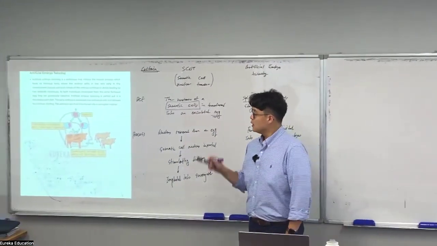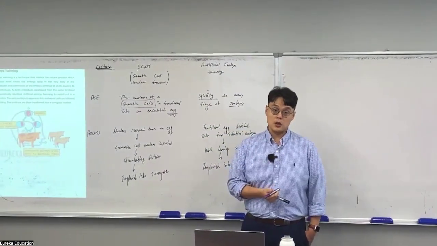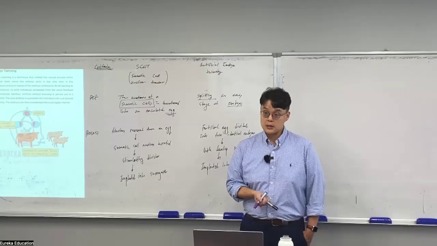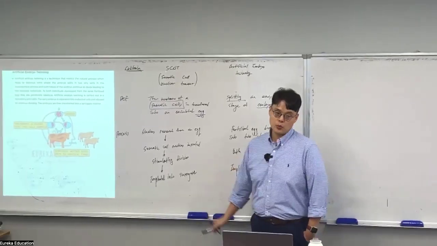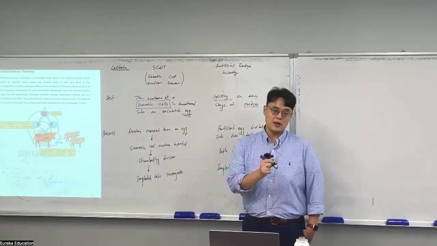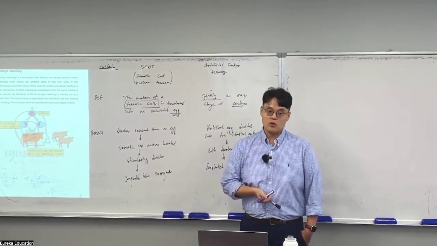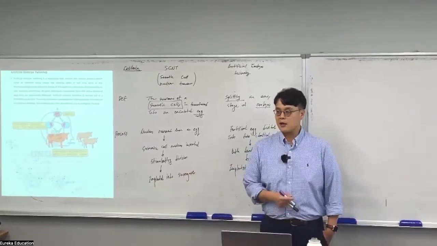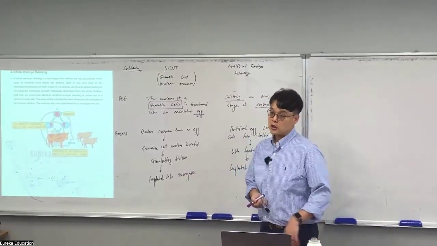But good thing is this would have fewer ethical issues in terms of animal rights. I mean, it has some, but compared to the SCNT, which we're going to talk about a bit later too, it has less. But we do not do that for humans though. Guys, think about it. If you are made with this, you may have identical twins artificially made. That'll raise a lot of ethical issues.